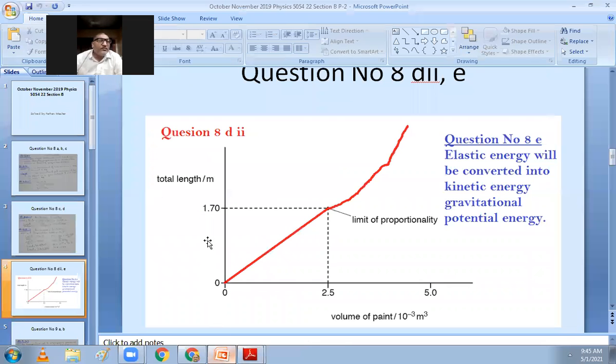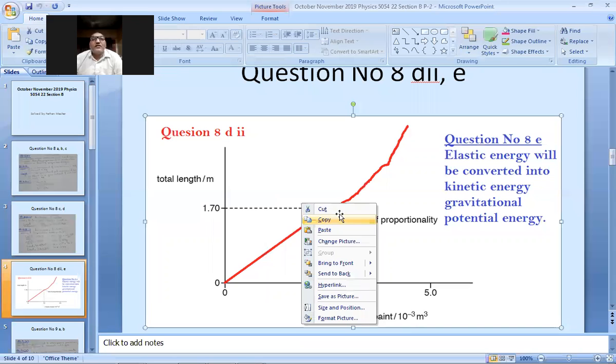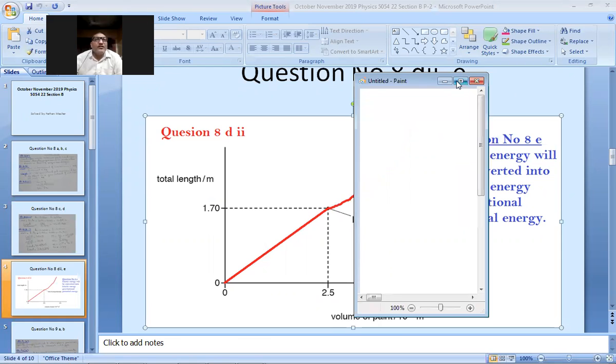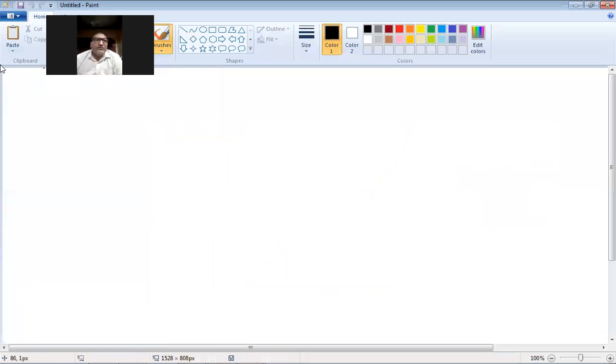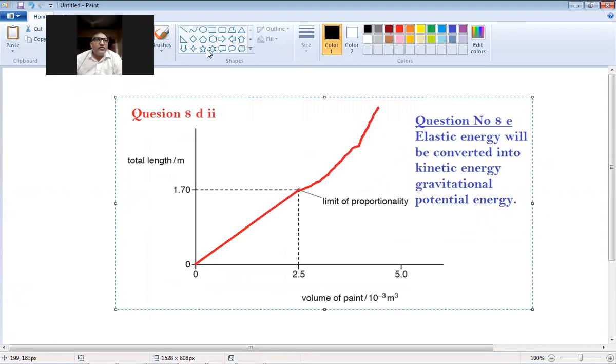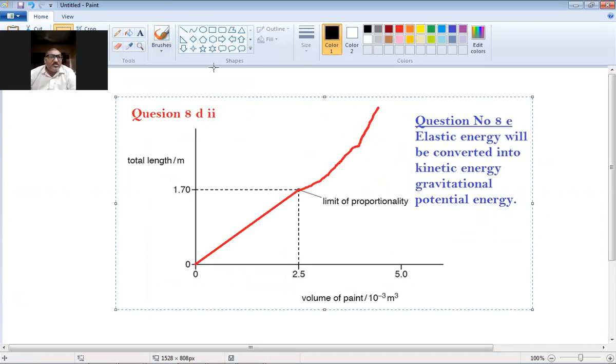So let me show a very important mistake. Let me open it in Paint. I can show you what's the mistake we have made. So here we go. You see, this is not extension, this is length.